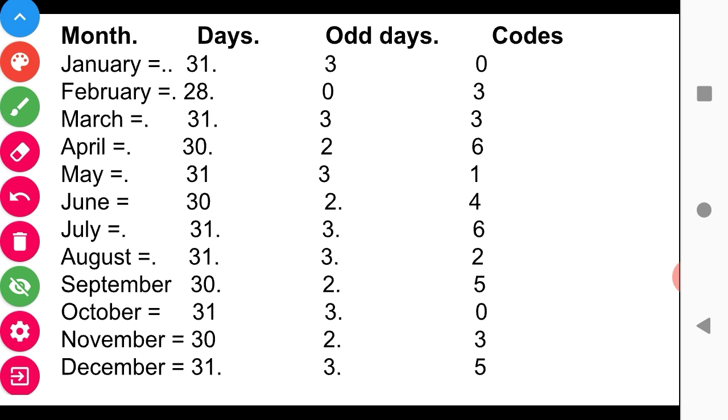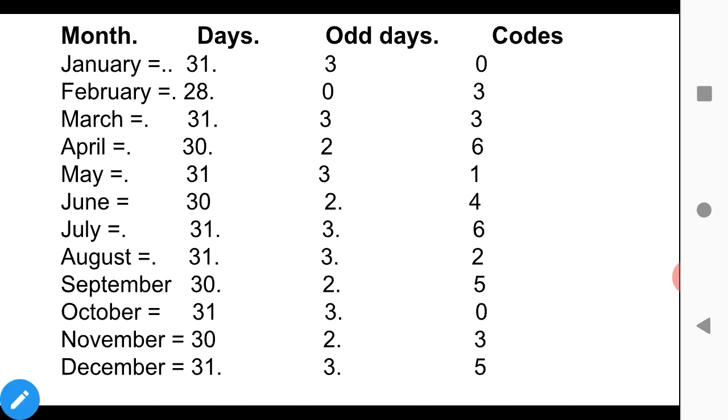These are the total number of months, the total number of days, and the total number of odd days. For August, how are we getting the month code 2? To get the month code, we have to add the total number of odd days up to the previous month.